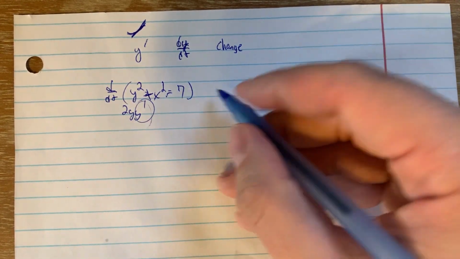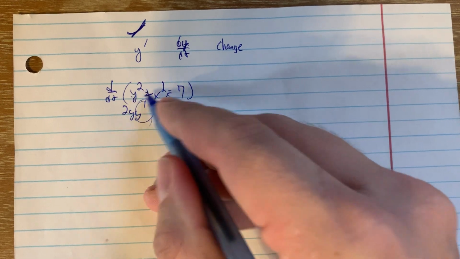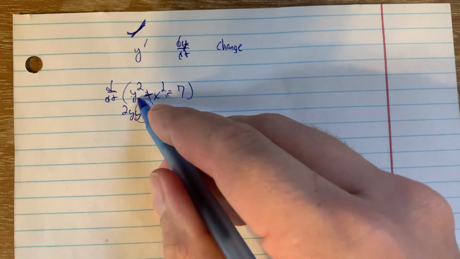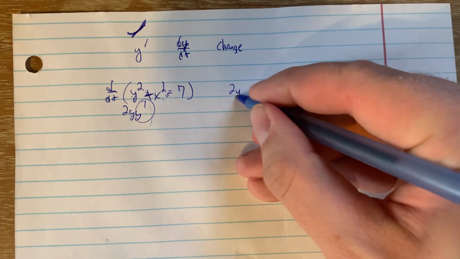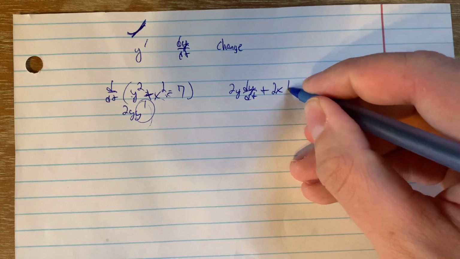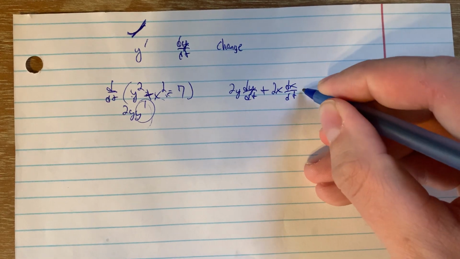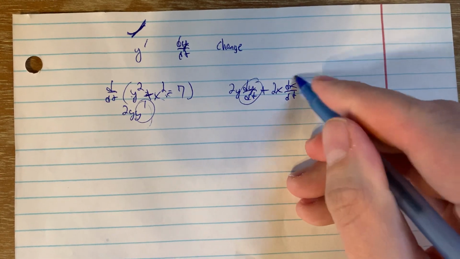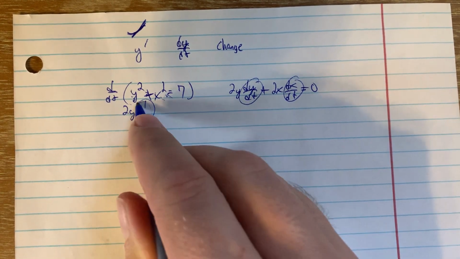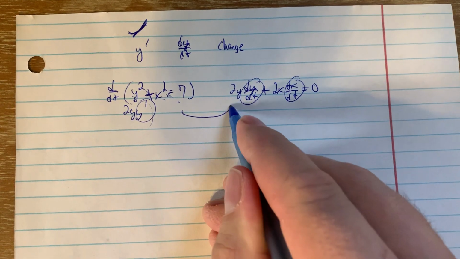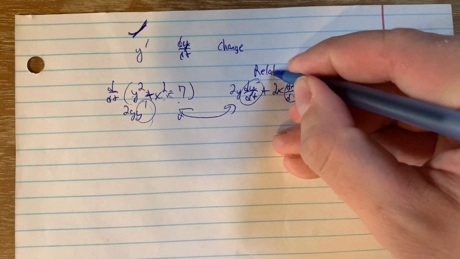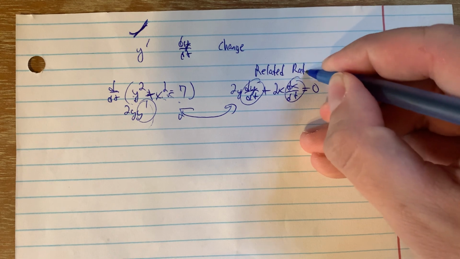If you do the derivative with respect to time and you have a relationship between two or more variables, we'll get a relationship between their rates, which is how those variables are changing over time. So we could take any relationship between two variables and change it into a relationship between their rates. We call this related rates.